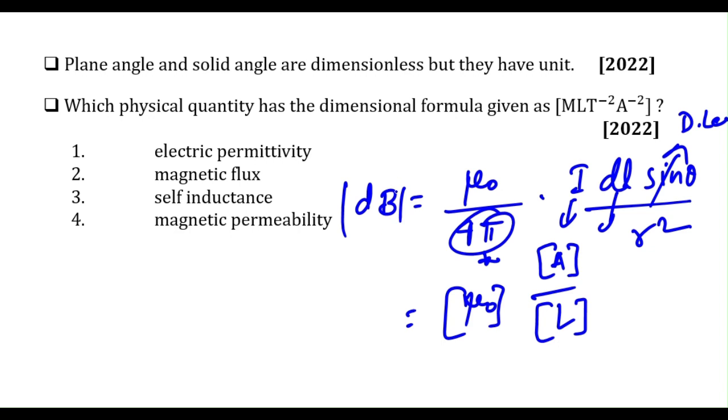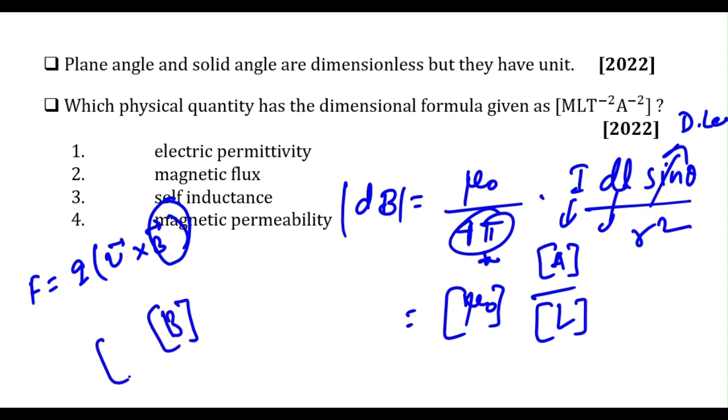Where do we get B? Let's check the Lorentz formula, where the force on a charge moving in a magnetic field can be expressed by this thing. So from here, you can get B. B is force divided by q times velocity, where velocity is L t to the power minus 1, and Q is I into T, that is electric current into time.